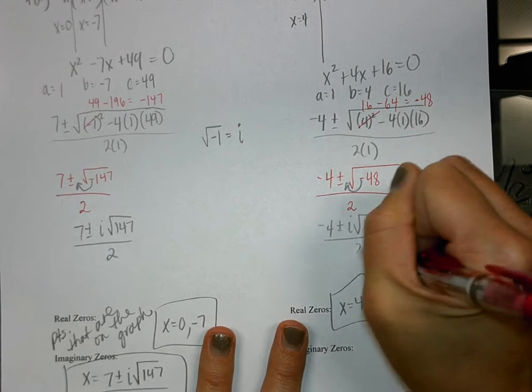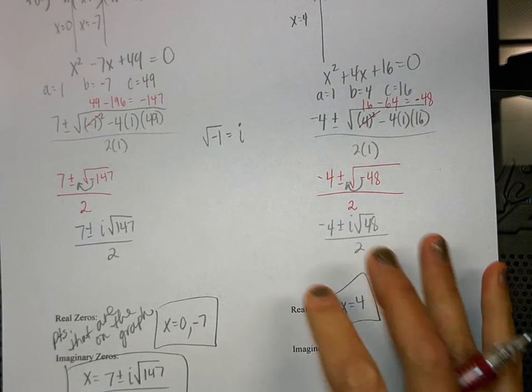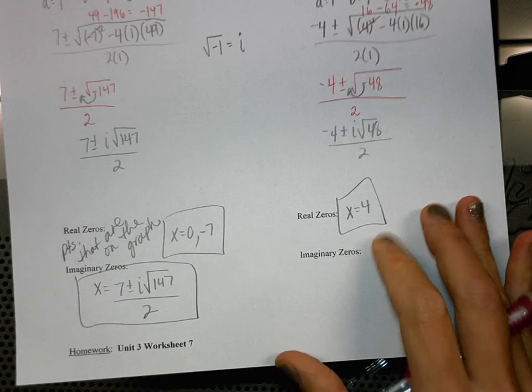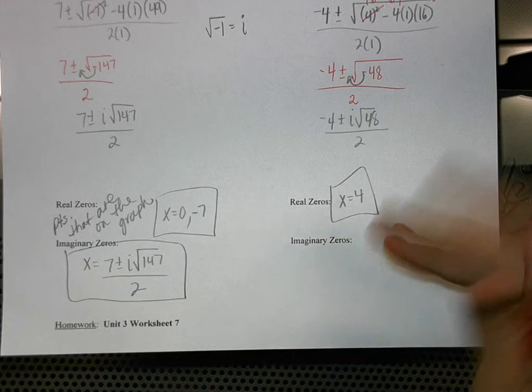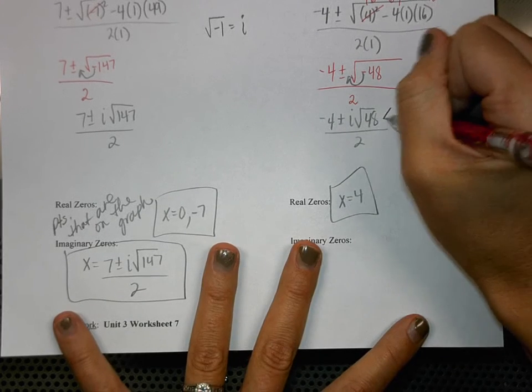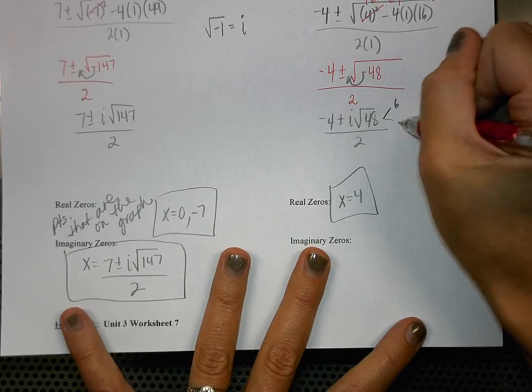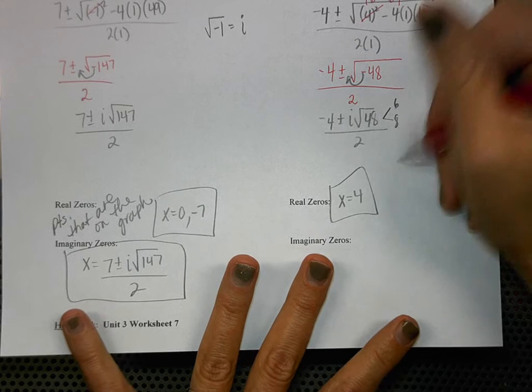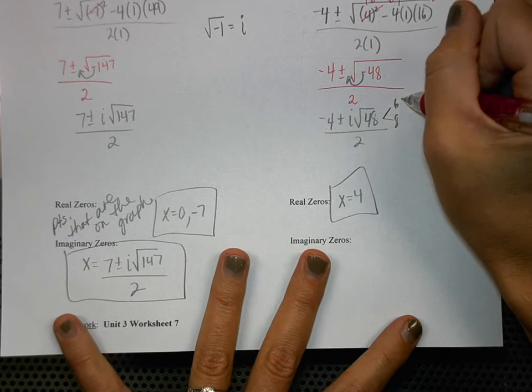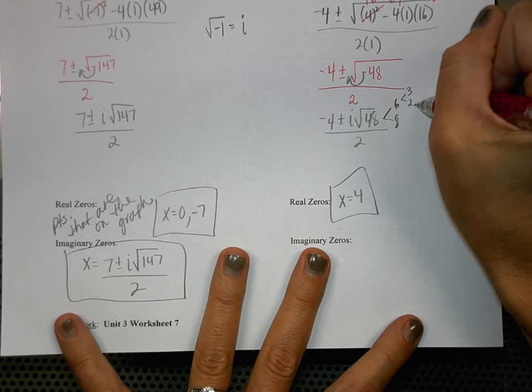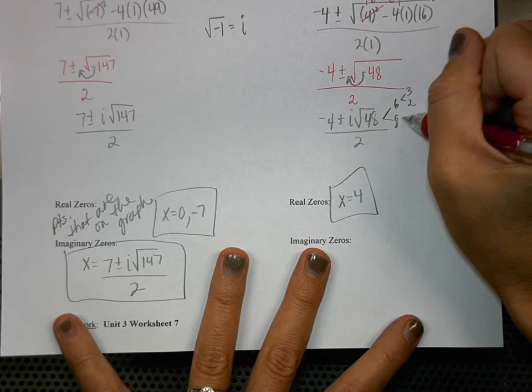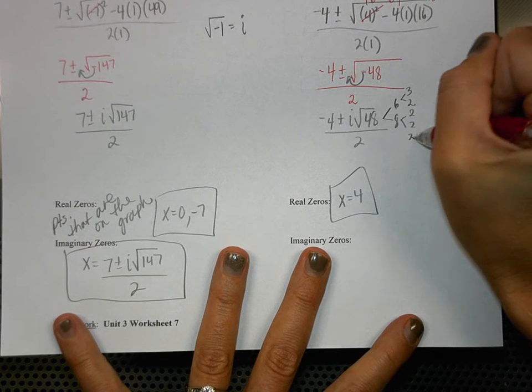Now 48, can 48 break down? Okay, so what two numbers do you think of when you think of 48? 6 and 8. And you could do it whichever way you want. You're going to make your factor tree, and then 6 breaks down to 3 times 2. And then 8, I'm just going to write 8 as 2 times 2 times 2, so it's in our factored form.